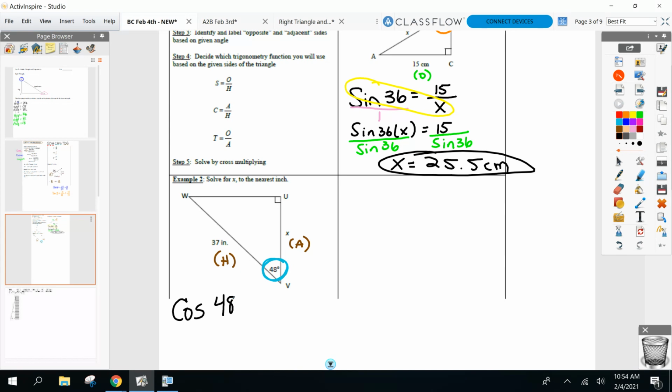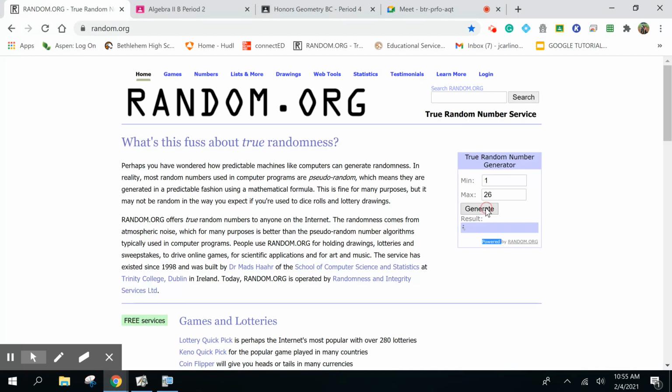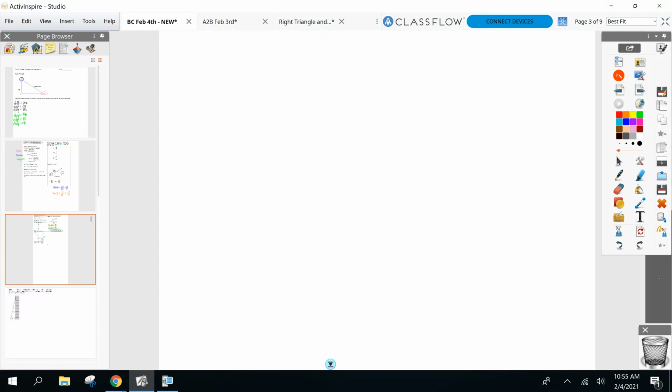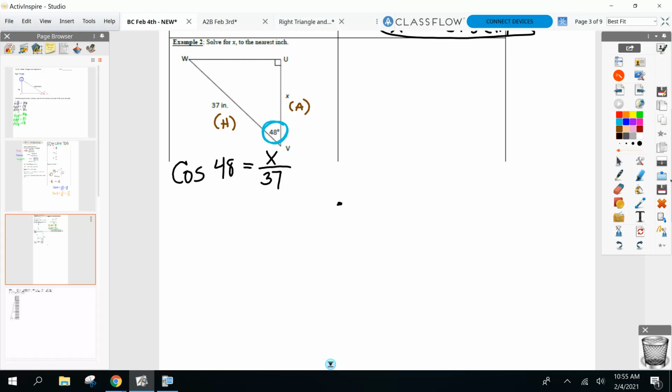So the cosine of 48 will be in what ratio here? Cosine of 48 is equal to, put the sides in the right order for me. Ryan, put those sides in the right order. X over 37. Good. Adjacent side over the hypotenuse. Perfect. So we just built our equation there.